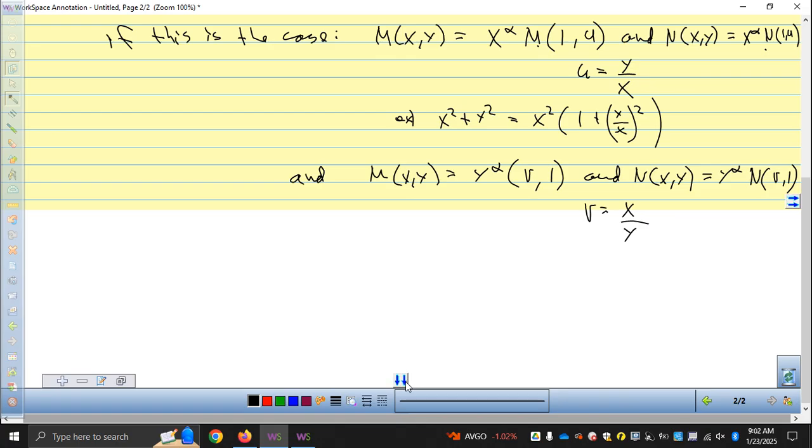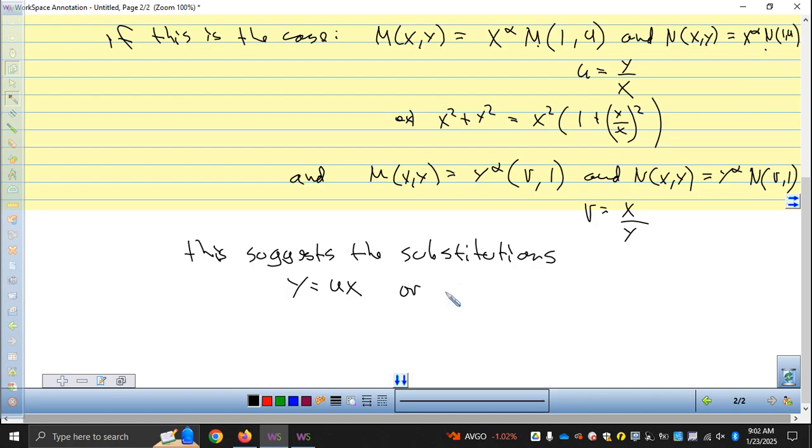So this suggests the substitutions y equals ux from here, or x equals vy from here, to solve these.